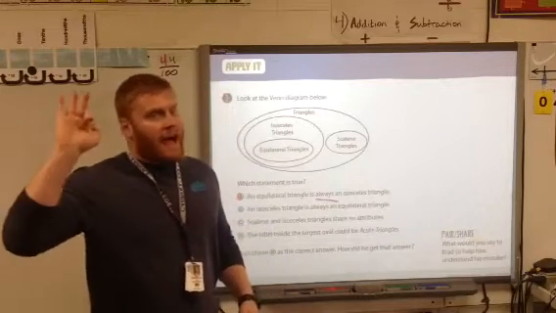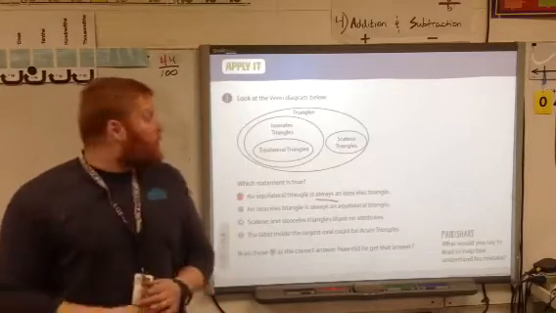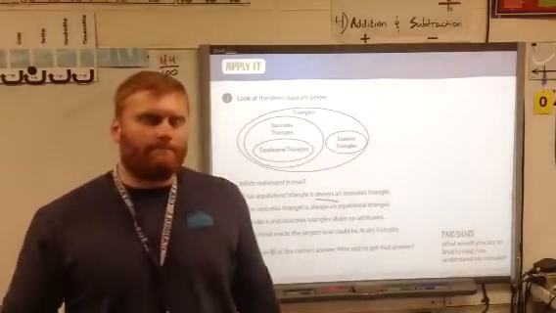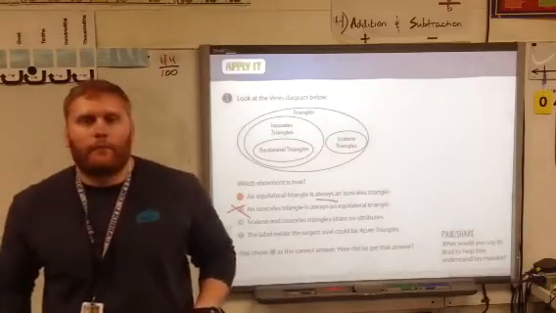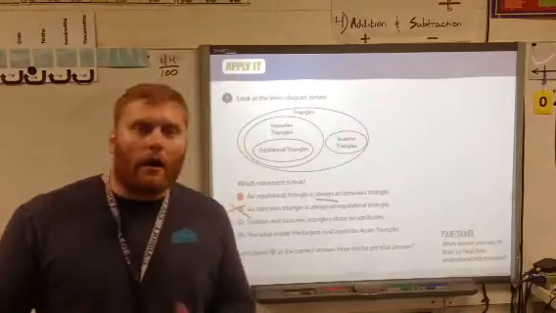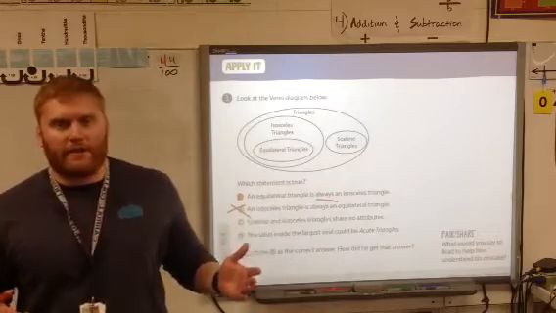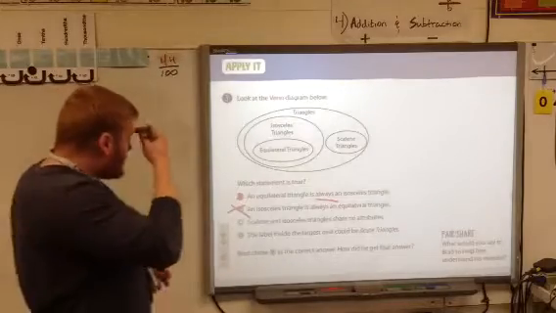An equilateral triangle has that added attribute that makes equilateral triangles unique. It's kind of like the rectangle and square dilemma that we run into, where a rectangle cannot always be a square, but a square can always be a rectangle. Okay? All right, let's look over here.